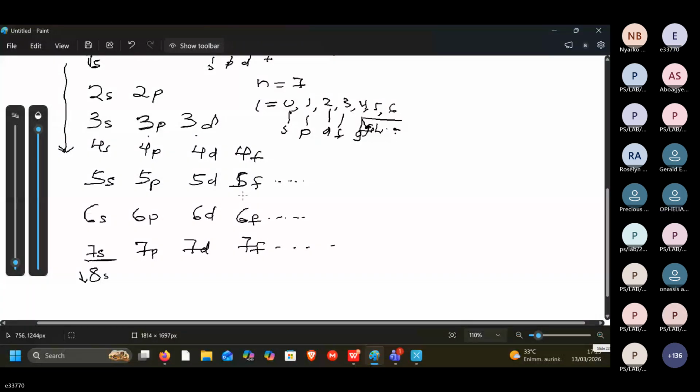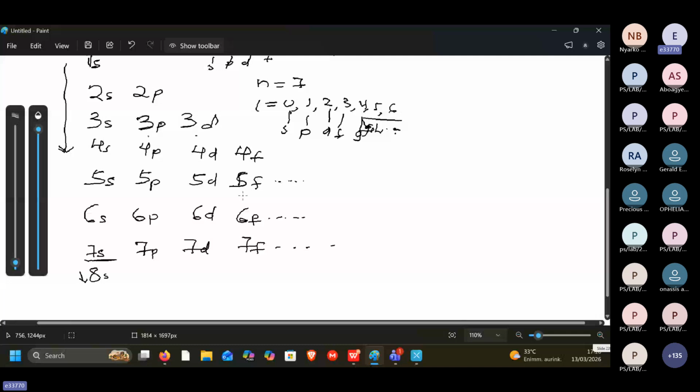Now, Aufbau says that when we are filling these orbitals, knowing well that Pauli says no orbital can take more than 2 electrons, and the 2 electrons should not be facing the same way, but the opposite direction, the Aufbau principle says that some orbitals are higher in energy than others.